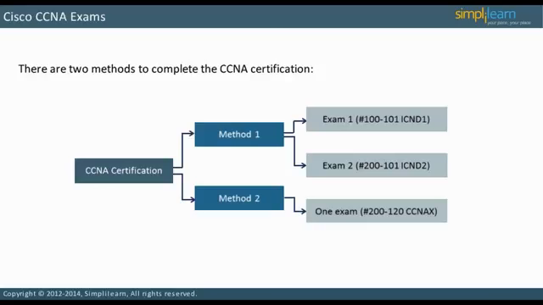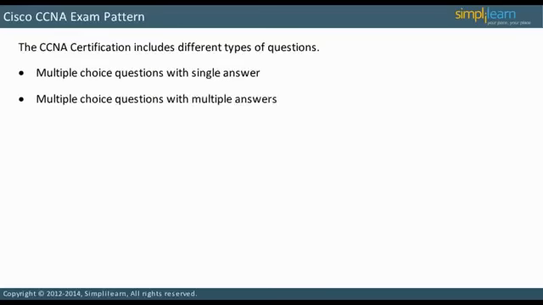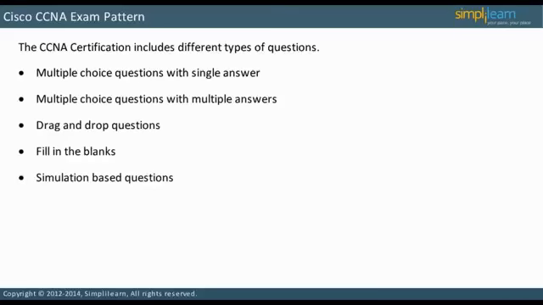We will focus on the exam pattern of CCNA in the next slide. The Cisco exams include different types of questions: multiple choice questions with single answer, multiple choice questions with multiple answers, drag and drop and fill in the blank, and router and switch simulation questions. These test the participants' level of knowledge in using, maintaining, and configuring the devices. In the next slide, we will look into CCNAX exam.